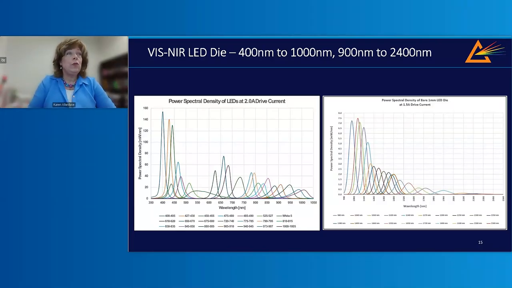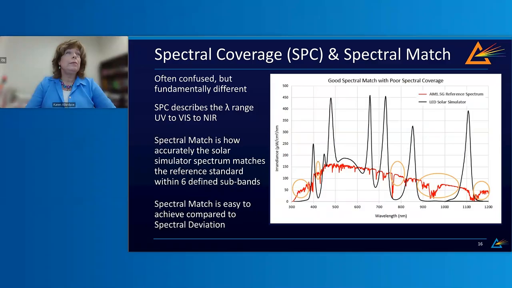But you can see the general trend as you go from lower wavelengths on up to the higher near IR wavelengths. There is a decrease in the power offerings and a few smaller LED powers in between. So that's important to know when you're designing a system, and it requires expertise to deal with mapping that out in an actual solar simulator so you obtain the right reference spectrum.